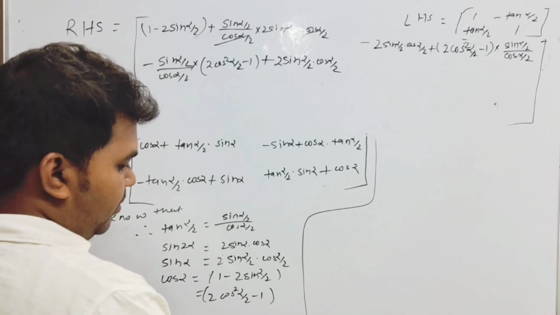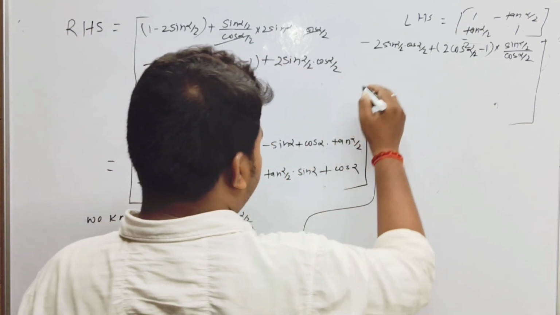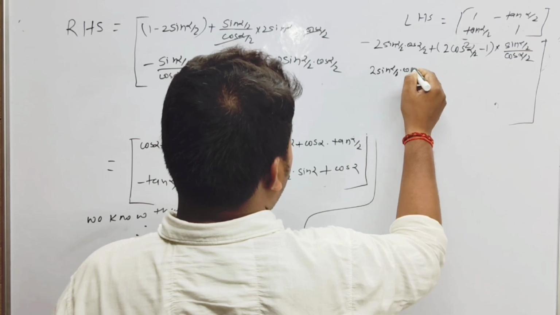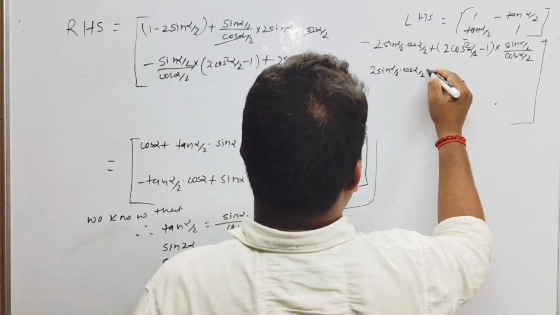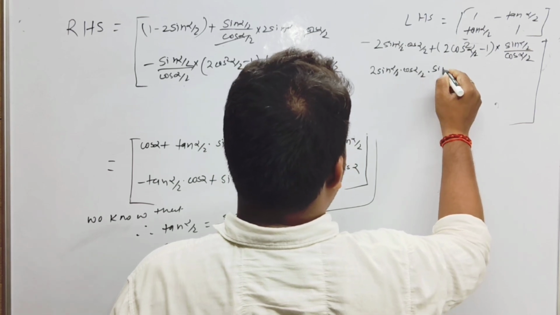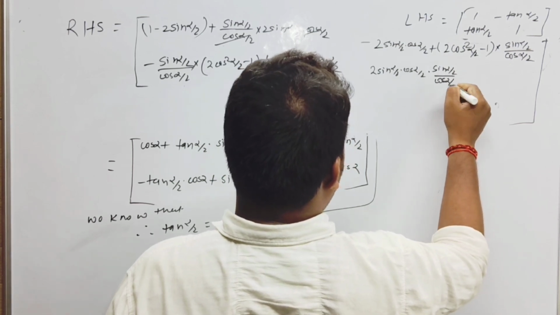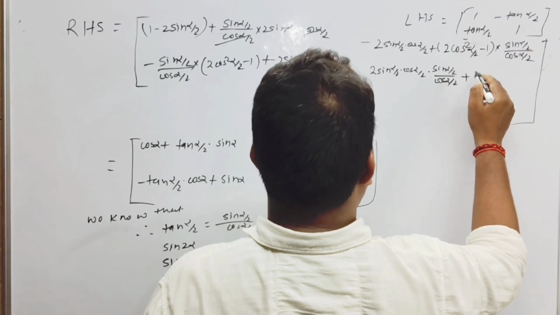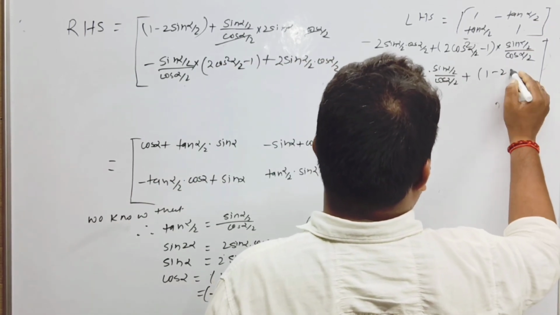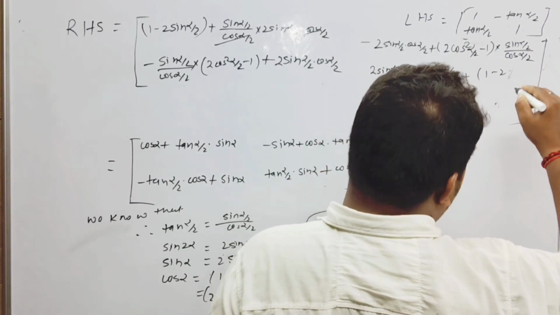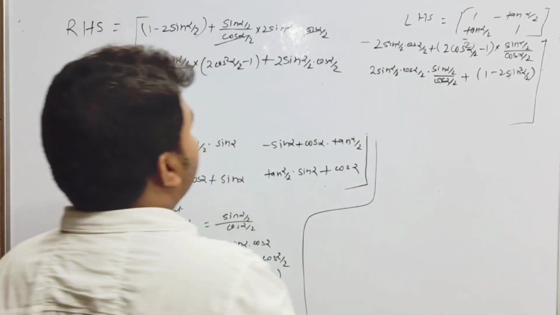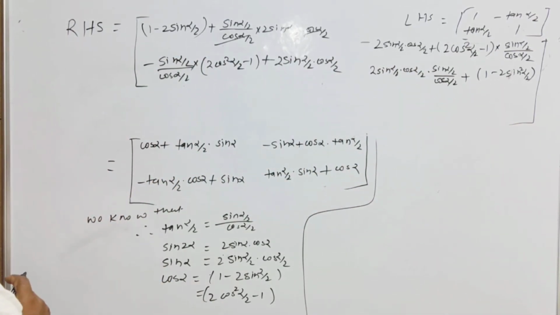Next one is 2 sin alpha by 2 into cos alpha by 2, and then sin alpha by 2 by cos alpha by 2 plus we can write 1 minus 2 sin square alpha by 2. We can write these types of questions.